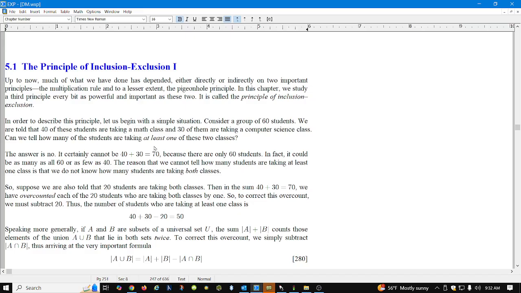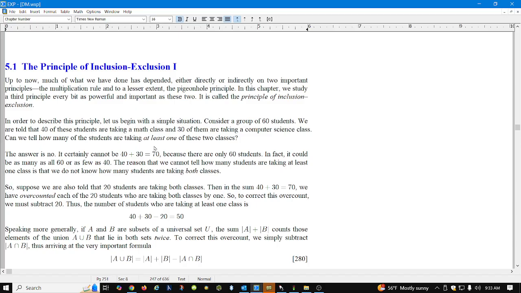The question is, can we tell how many students are taking at least one of the two classes? Well, the answer is no. We don't have enough information. It certainly can't be the sum, 40 plus 30, because that's 70 and there are only 60 students.